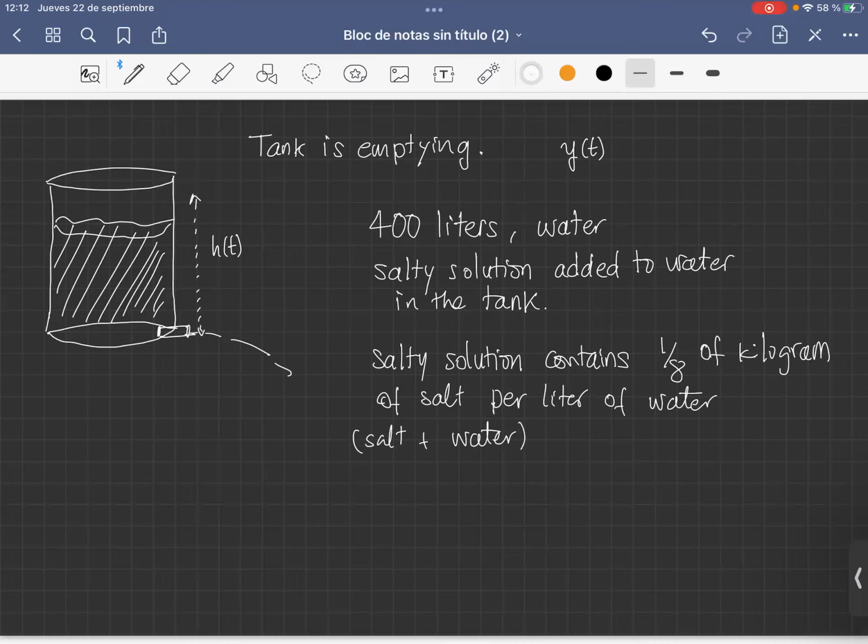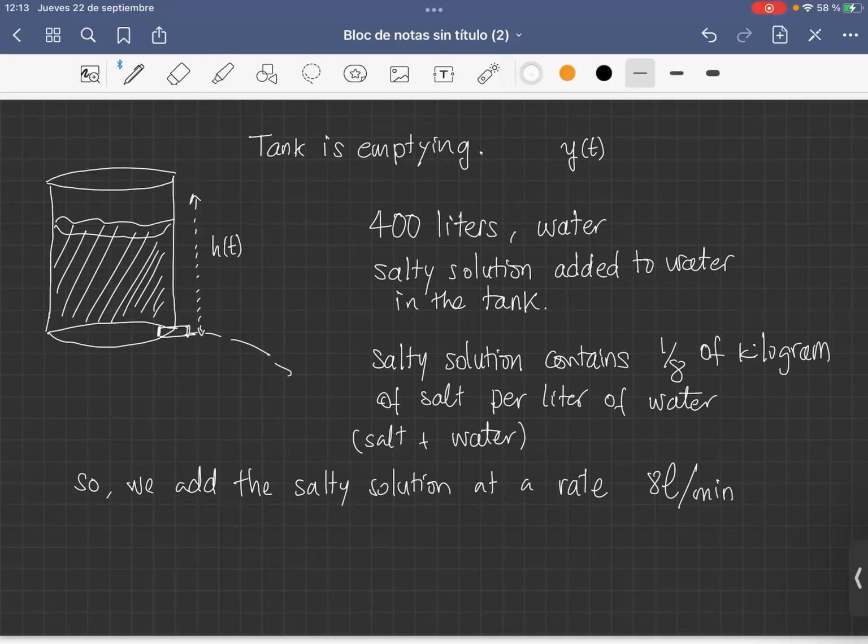And we say that the concentration of the salt is 1/8 of 1 kilogram of salt per liter of water. So we're gonna be adding this salty solution at a rate, and this rate is gonna be 8 liters per minute.